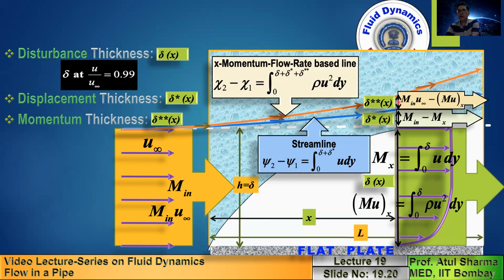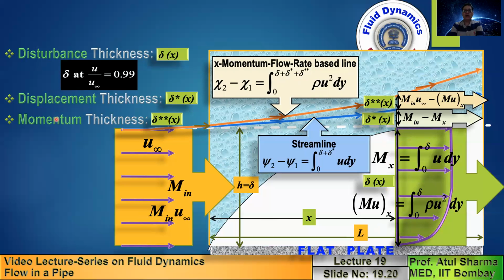If you take this complete height and take the integral of rho u square dy from 0 to delta plus delta star plus delta double star, then the x momentum flow rate at this axial location x and at the inlet will be in perfect balance.